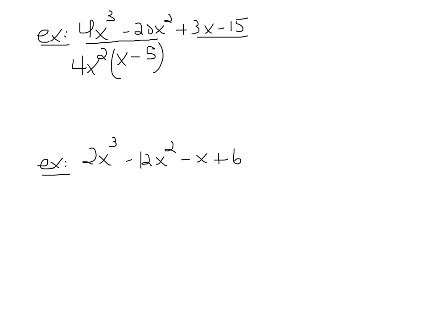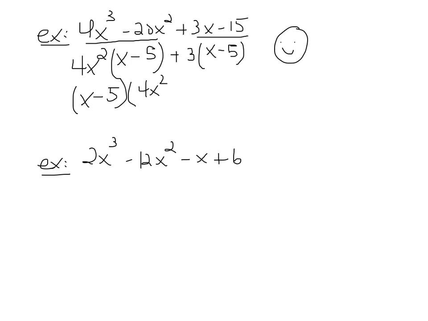The monomial GCF from the last 2 terms is positive 3, and the factors that are left are x minus 5. I'm excited because my parentheses match, so now I'll factor out a binomial GCF of x minus 5, and the factors that are left are 4x squared plus 3.